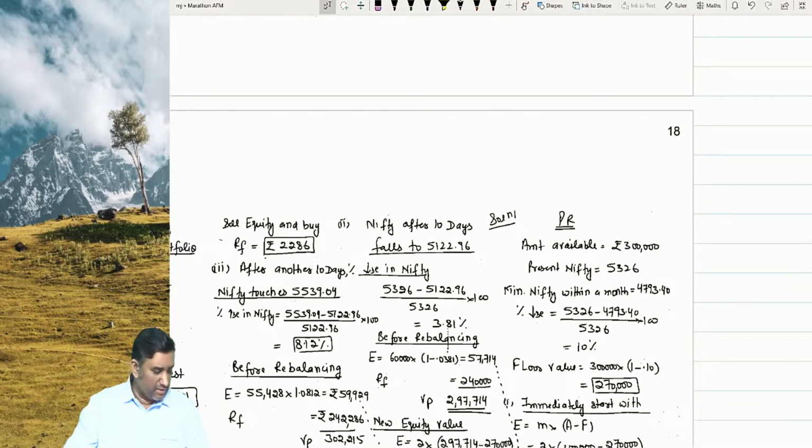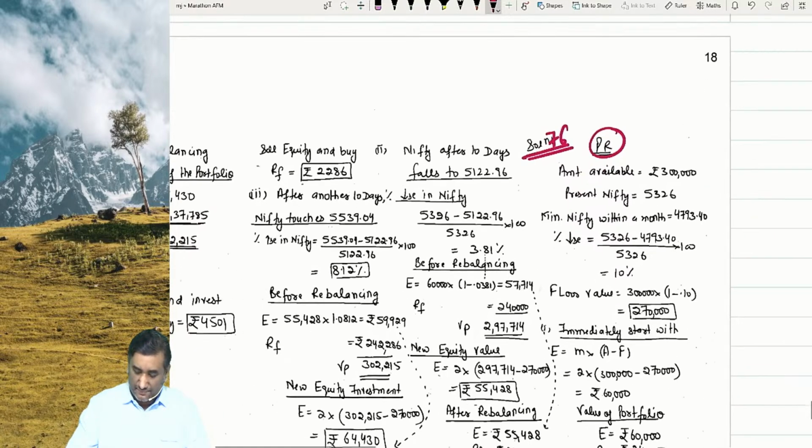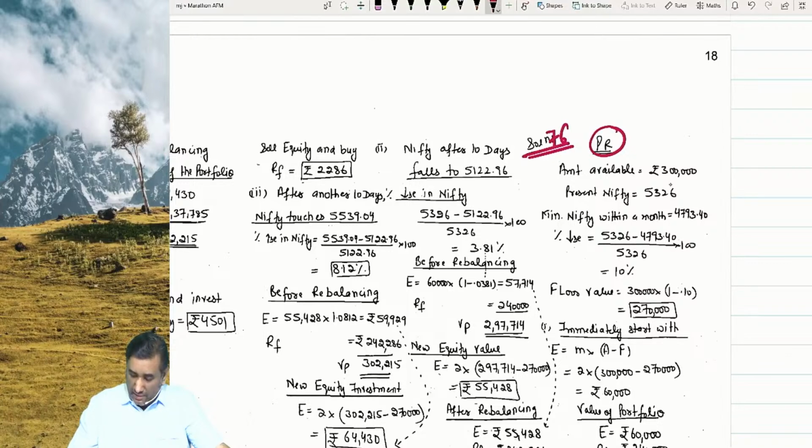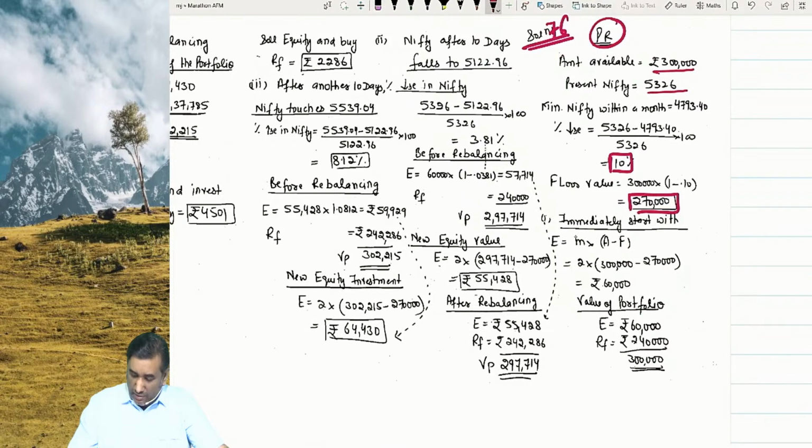What was the question number? 70? It's portfolio rebalancing. So we had 3,53,226. It was 10%. Floor value was 2,70,000. To immediately start with, I started equity value is equal to M into A minus F. That came out 60,000. My value of portfolio is 60,000, 2,40,000, total 3 lakh.